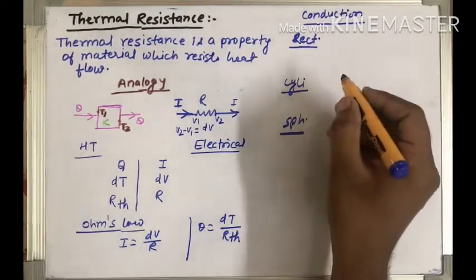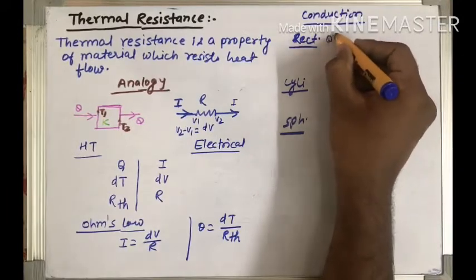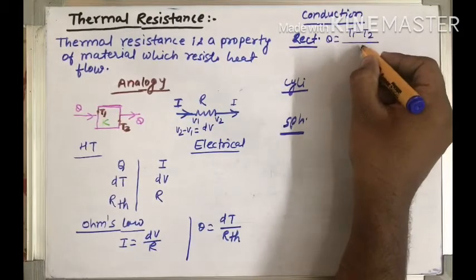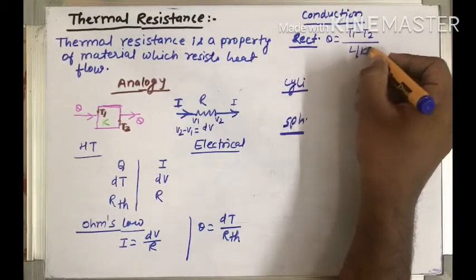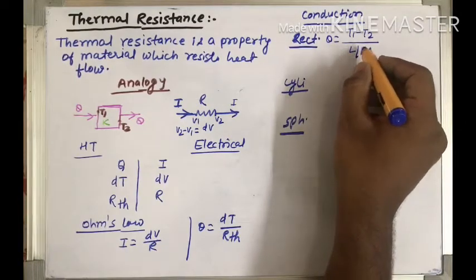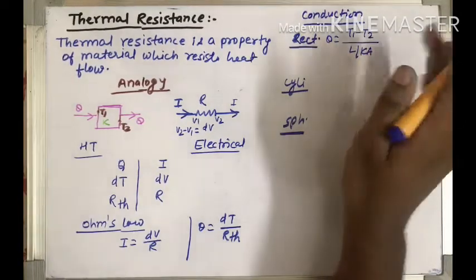The equation which we have derived was q is equal to T1 minus T2 divided by L upon K. Now you will get the point why I have written this equation in this form, as in the previous lecture.